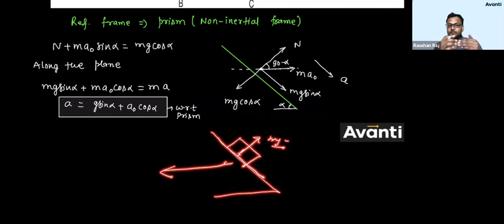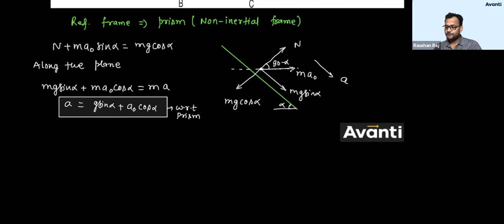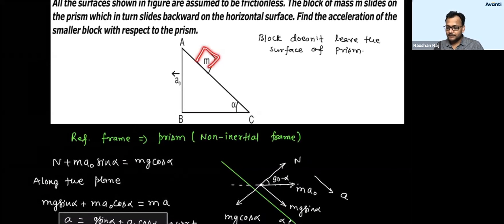That means the restriction of motion will be decreased. देखो, this block will try to come down in this direction and this block is now moving somewhere here. मतलब जो restriction of motion है वो इतने length का तो कम हो गया ना. So restriction of motion will be a bit decreased because of the motion of this block towards left. So the normal reaction must also decrease. समझ में आ रहा है? That is why I told कि it cannot be mg cos alpha.